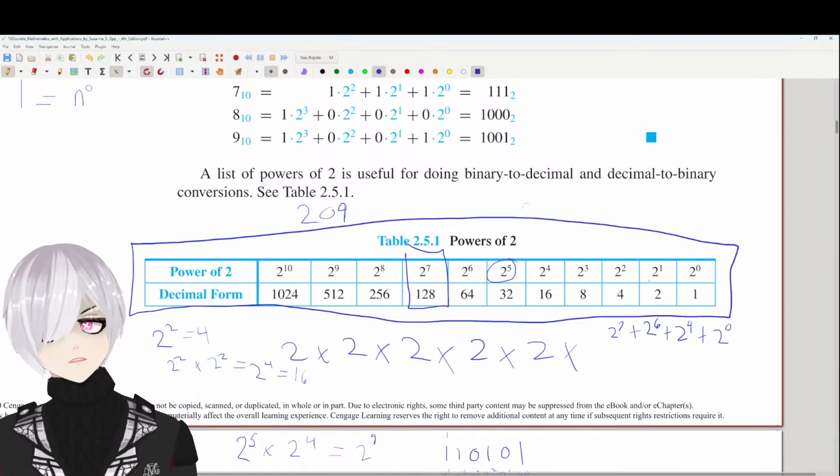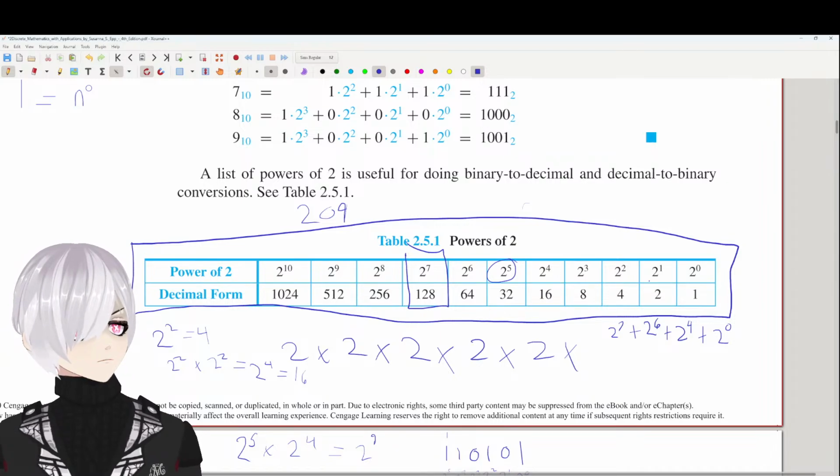So, like you're saying, the full number is going to have 7 digits, and the leftmost will be the 2 to the 7th place.